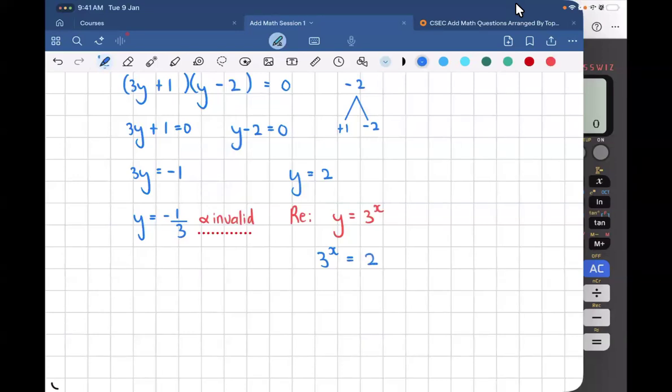Now this is not like all the other cases, is it? Tell me, what do you think? Is this like the other cases where we could write everything to the same base? No, sir. So what do you think we're going to use for this? I'm asking you, 3 to what power is 2?